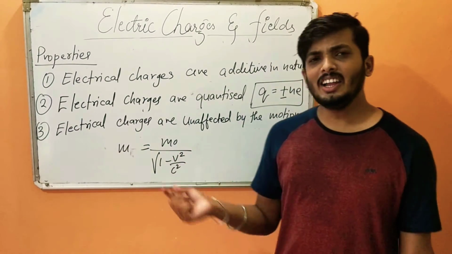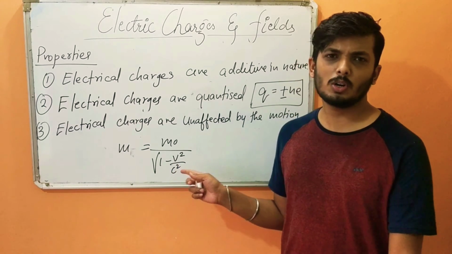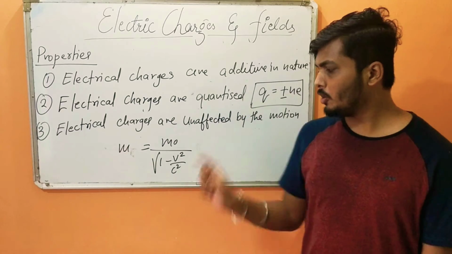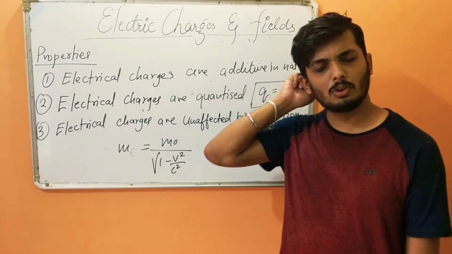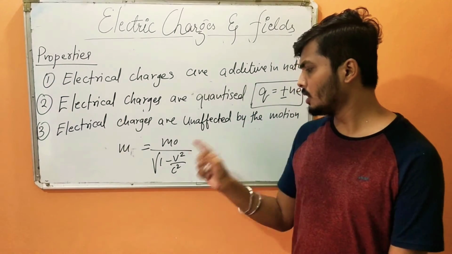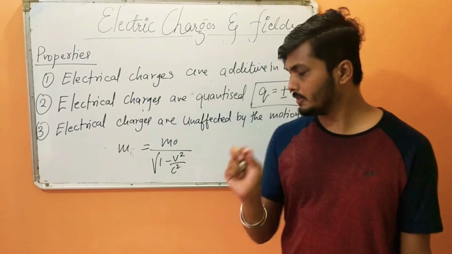Now it is quite sure that v cannot be greater than c. No matter what extreme speed you travel with, you cannot touch the value of the speed of light, yes or no? So let us assume that you go with some very high speed, 99% of the speed of light, but you can never cross the 3 lakh km per second speed of light.